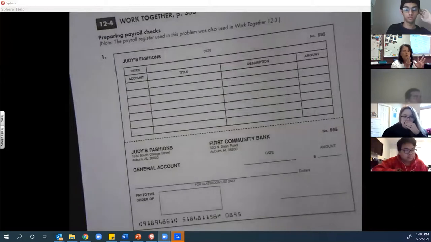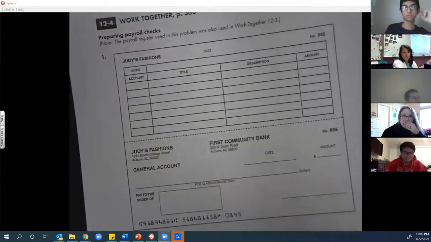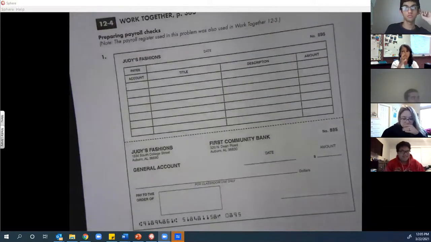So what we're going to do is write one check from our main account to a separate payroll account, and that's what's going to go into our journal. And then out of that other account, we'll write each individual person's check.